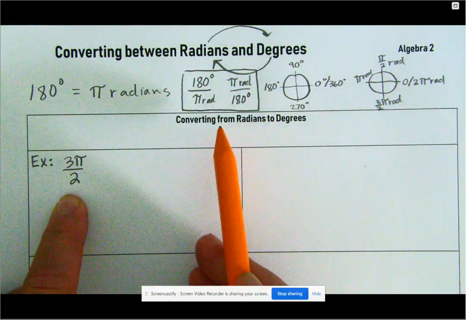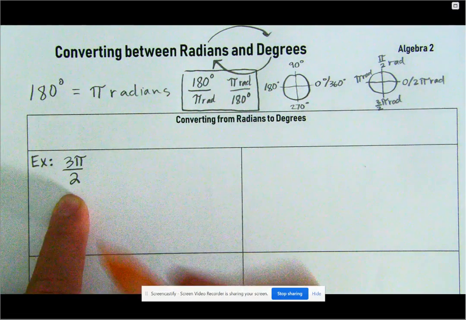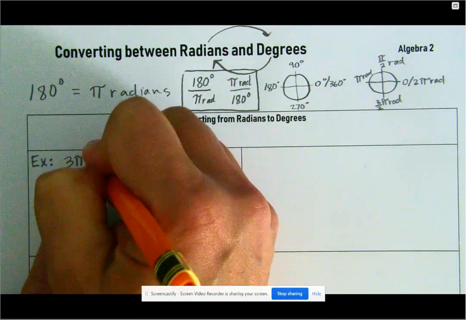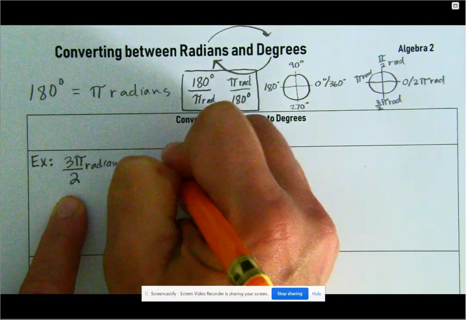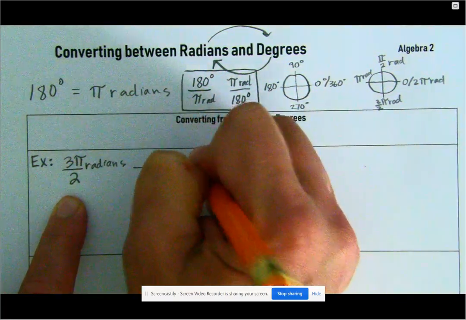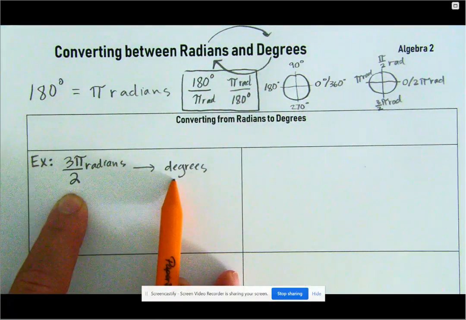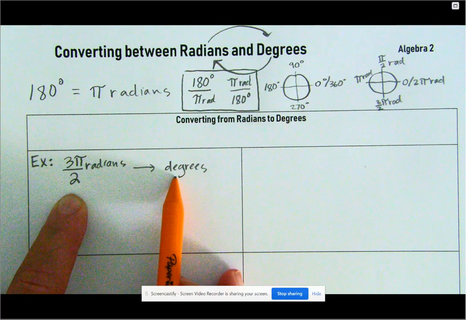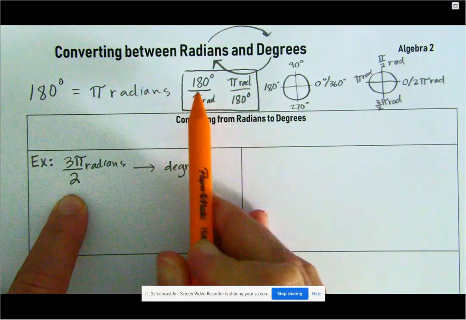From radians to degrees, the way conversion factors work is this is given in radians, and we want to go to degrees. When you use a conversion factor, the unit you want in the end needs to be in the numerator.